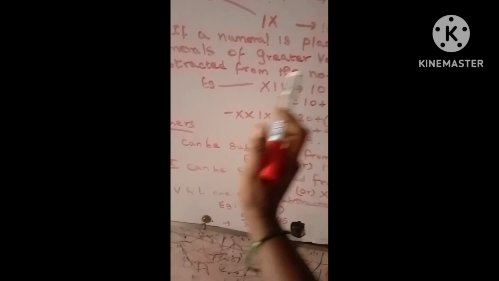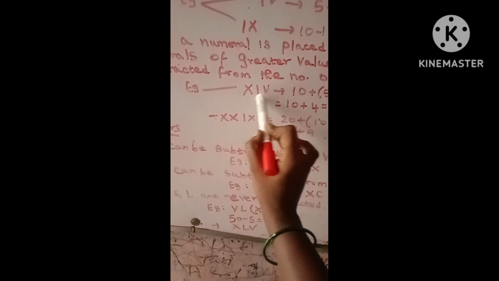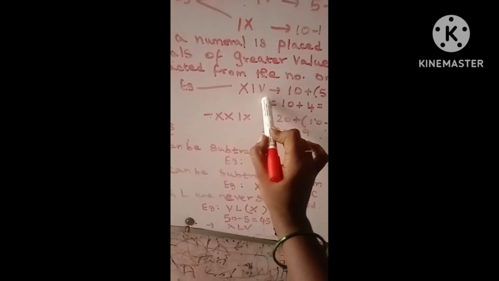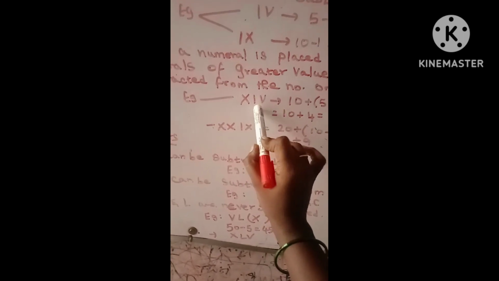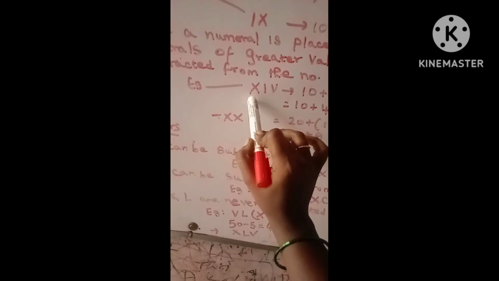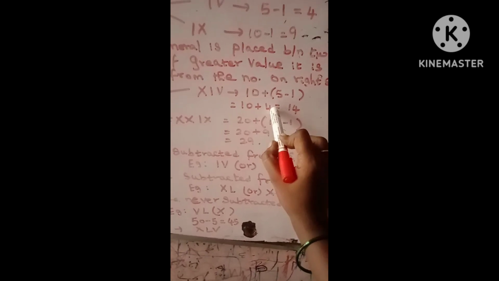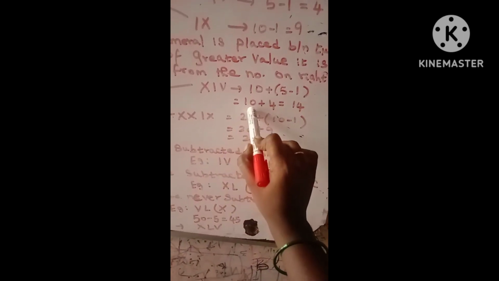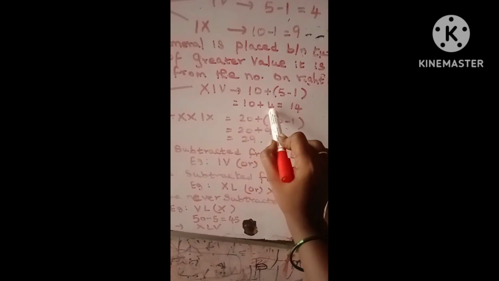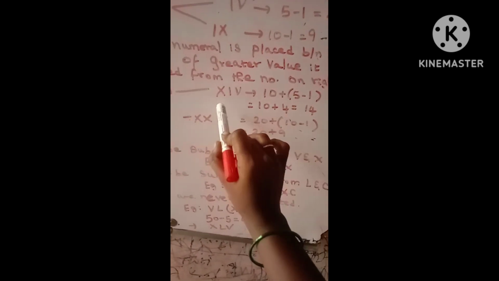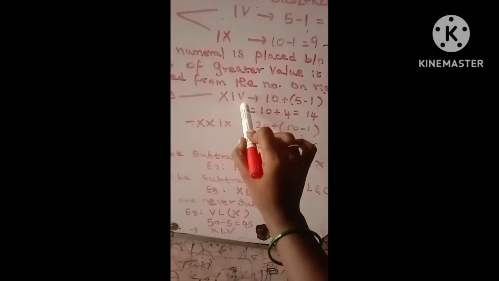So this X can be kept separately, and this IV can be taken as a number together. It means 5 minus 1. So 10 plus 5 minus 1 is 14. So you'll be getting X as 10 and 5 minus 1 as 4. So for 14 we write it as XIV.